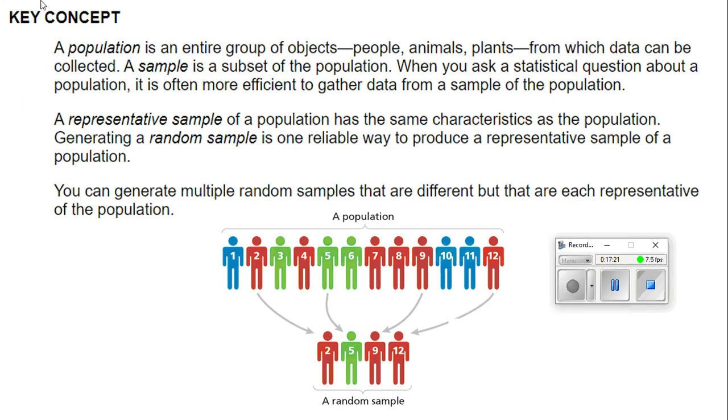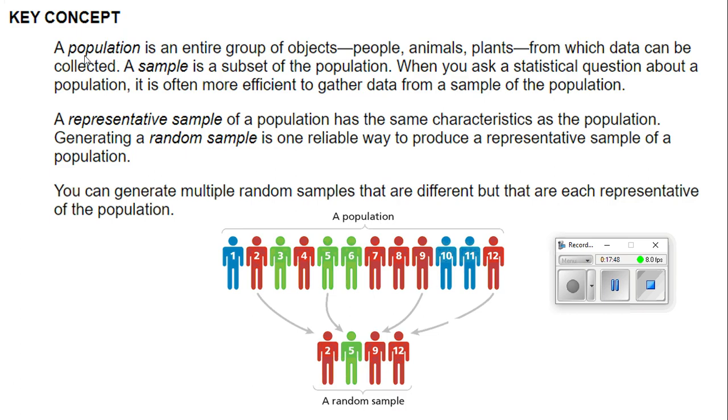All right, these are the key concepts that you're going to take on to working in your practice and problem solving when you do your homework. A population is an entire group of objects, people, animals, or plants, from which data can be collected. A sample is a subset of the population. When you ask a statistical question about a population, it is often more efficient to gather data from a sample of a population.